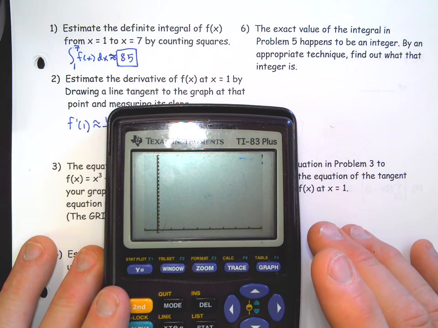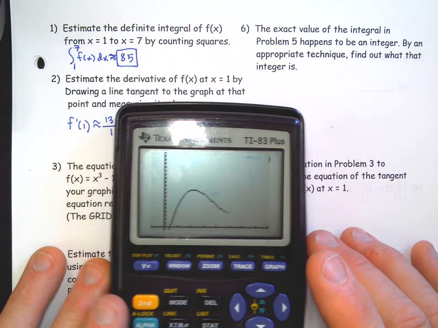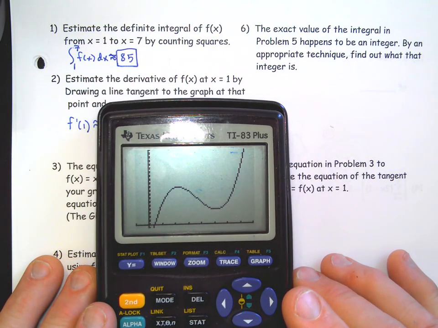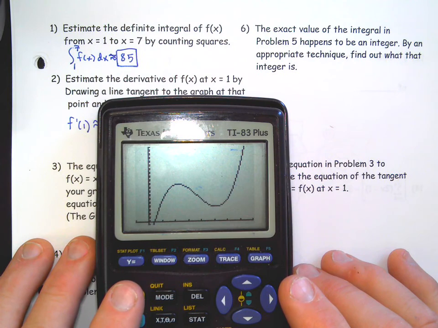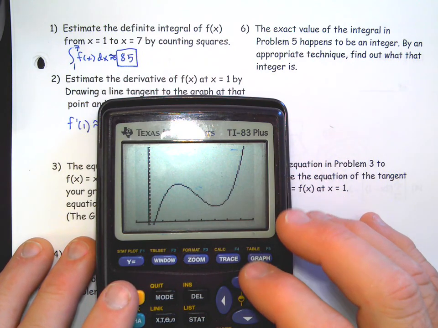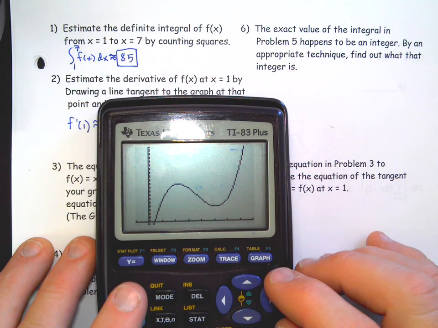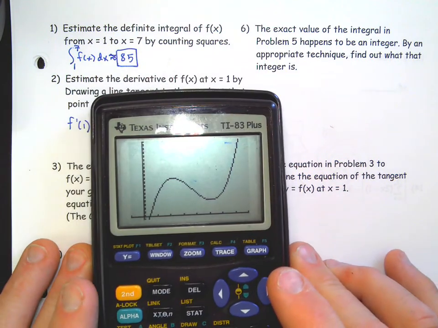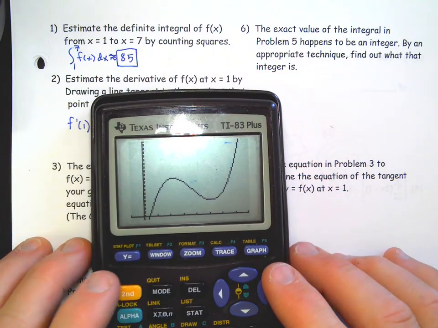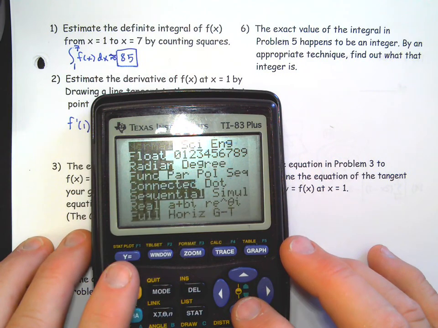Graph. Now it says to turn the grid on, so let's see. I don't actually remember where that's at. Grid on, under settings, mode.